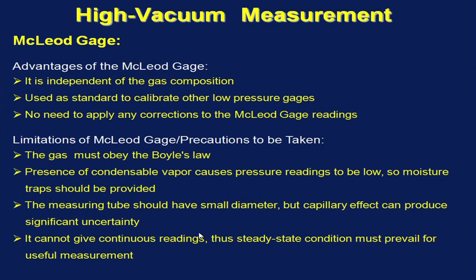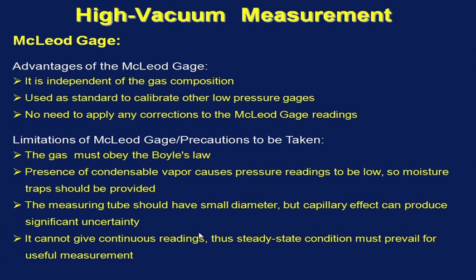So, you must remember these limitations of the McClure gauge, or precautions that we must take while using it. The gas whose pressure we are going to measure must obey Boyle's law. The presence of condensable vapor can cause uncertainty in the measurement, so moisture taps should be provided.